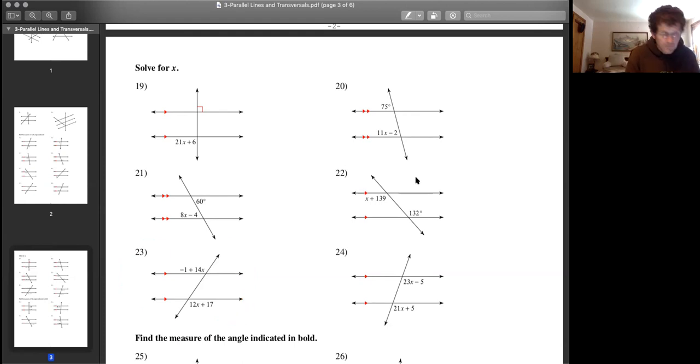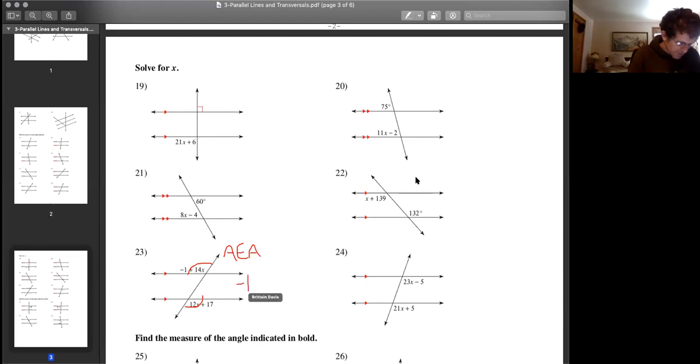Hopefully a lot of you at home are following along as well. Knowing that these are alternate exterior angles, we know that these two angles are congruent. We can see they're both obtuse. They look like the same angle, and therefore they are. Nothing really tricky with these types of problems.